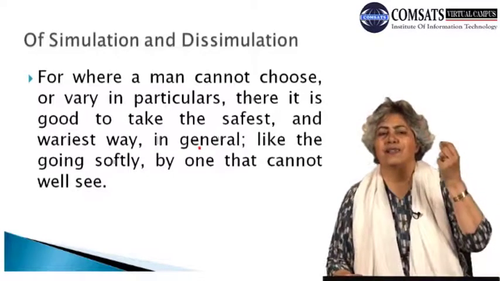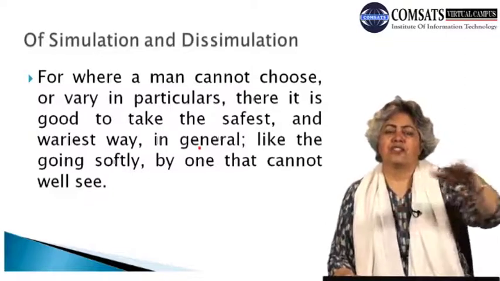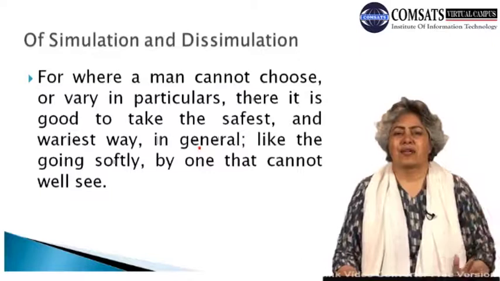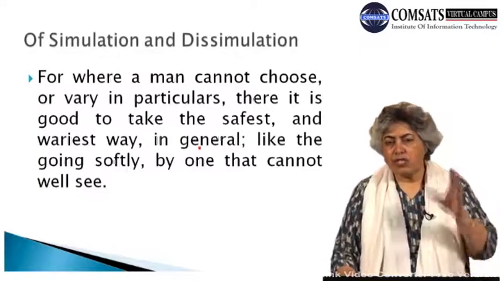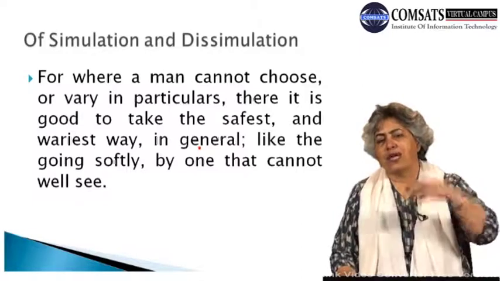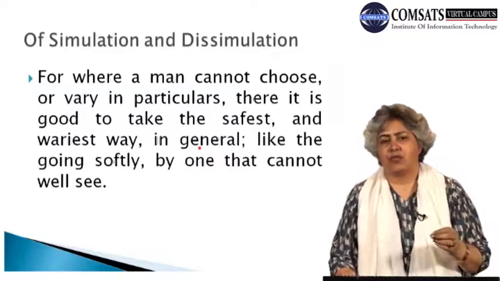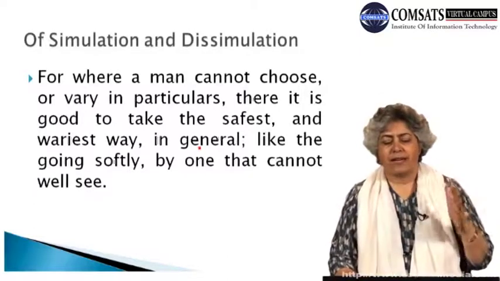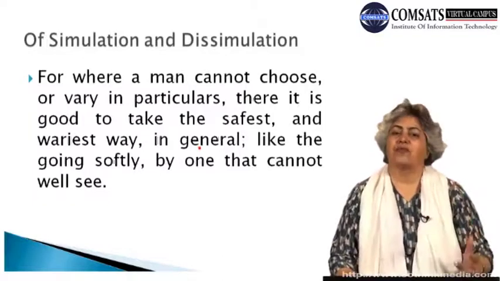You need one head of state, and you need so many different people who will assist him in running the state. So it's those people who assist about whom Bacon is talking now. He says, where a man cannot choose or vary in particulars, there it is good to take the safest and wariest way.